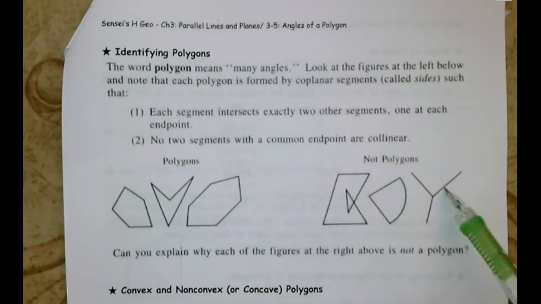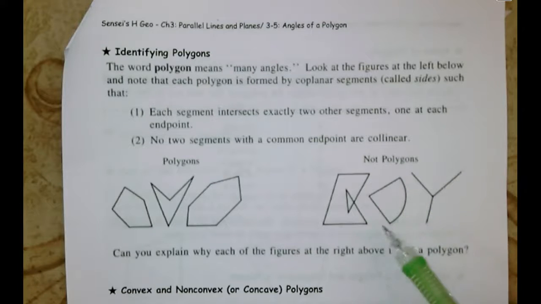So this is a problem because it's not intersecting over here, intersecting only once. And this one, no two segments with a common endpoint are collinear, so this is non-collinear. And this one, the problem is there's a curve here.